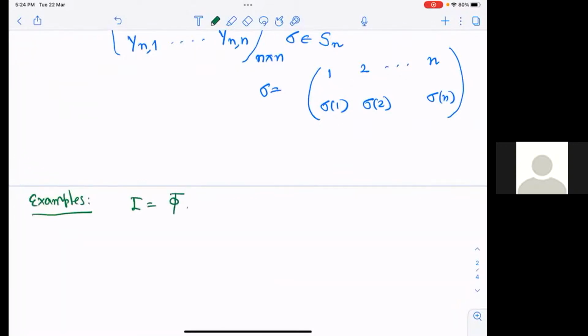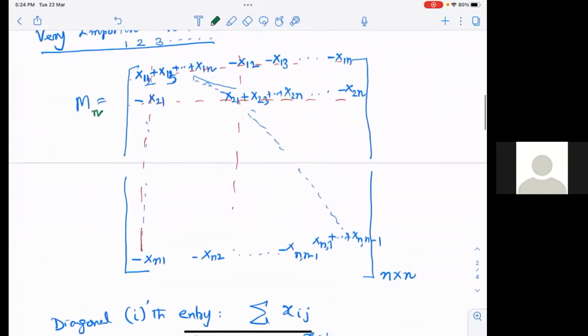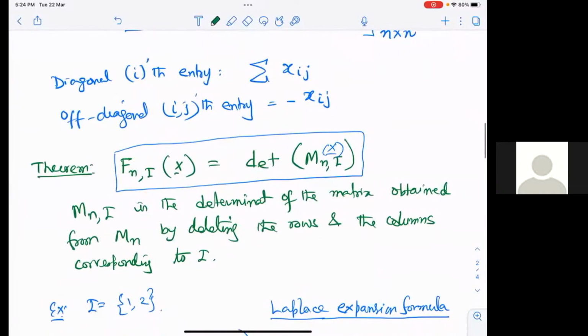No vertex is designated as root. That means there is no forest, right? So the forest count must be 0, there is no root, so you cannot have anything in the forest. Now look at this determinant. If I is the empty set, then you need not remove any row and column from the determinant, right? Because that's the definition, because I is the empty set.